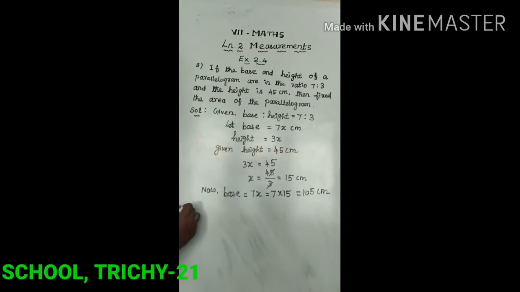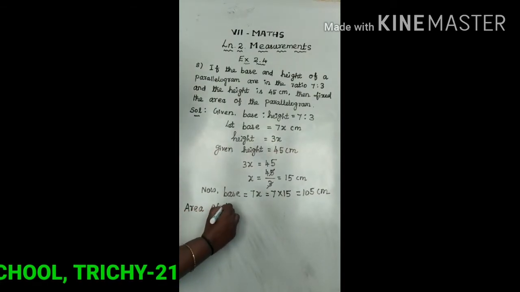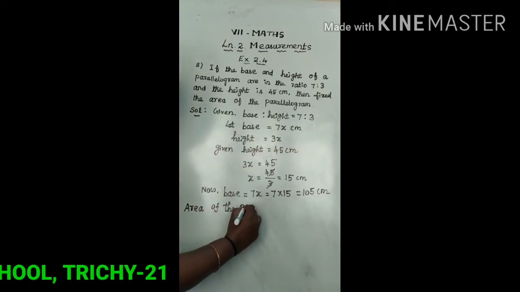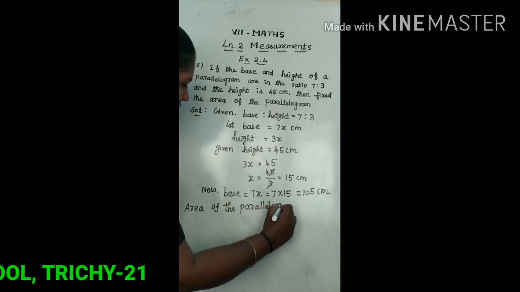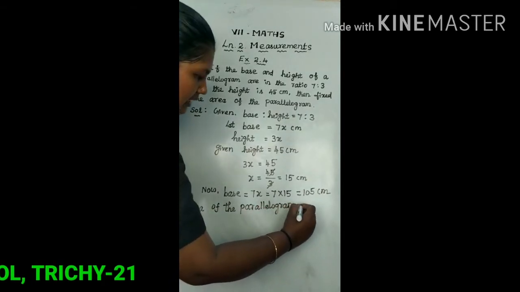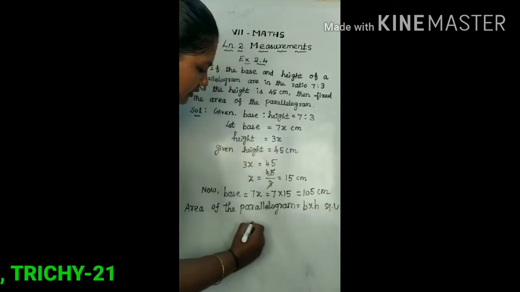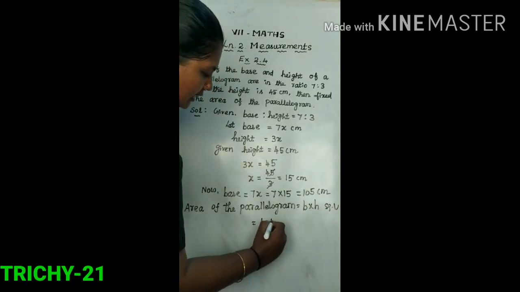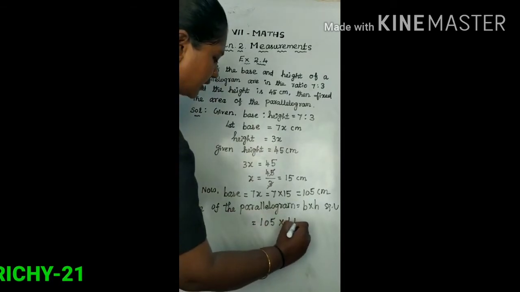So we find the area of the parallelogram. The area of the parallelogram, we already know the formula, is base into height square units. Here base is 105 multiplied with height 45.